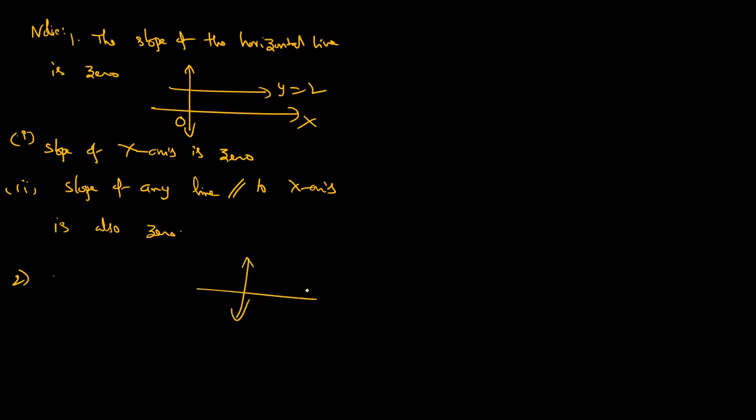Dear students, suppose any line is parallel to the y-axis, for example x is equal to 3. Now, the slope of the vertical line. What is that? It is not defined actually, meaning undefined.